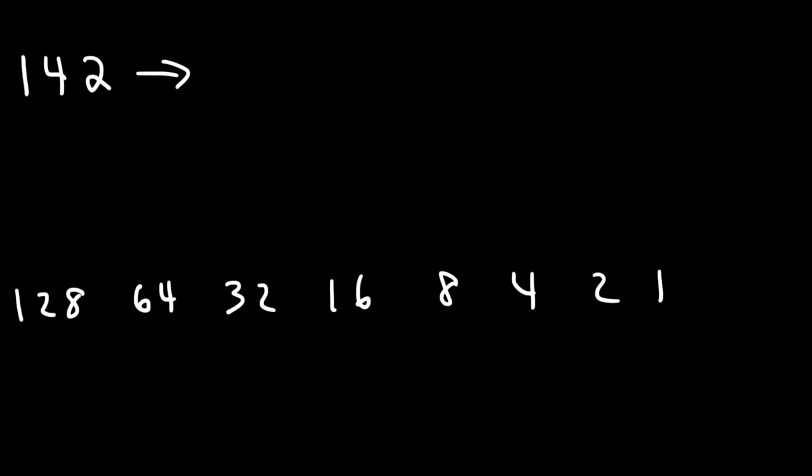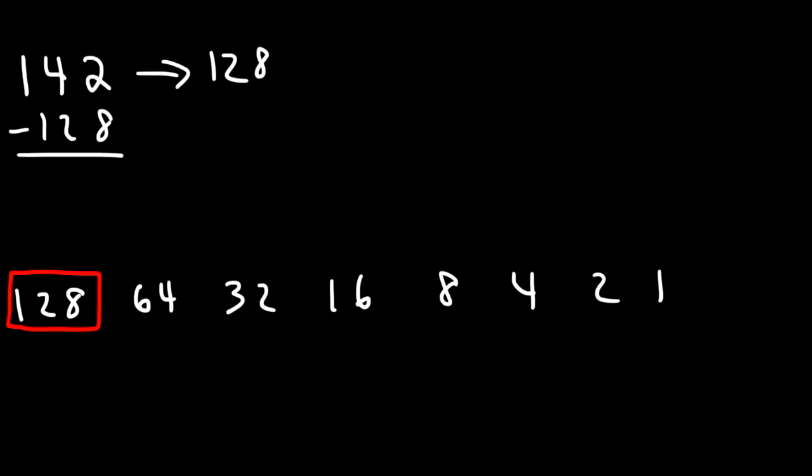So the highest base 2 number under 142 is 128. So let's start with that. And then if we subtract 142 by 128, that's going to give us 14.